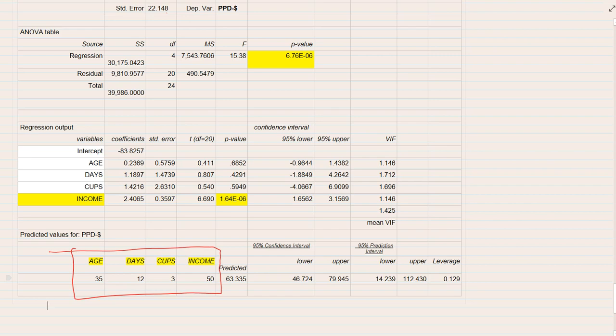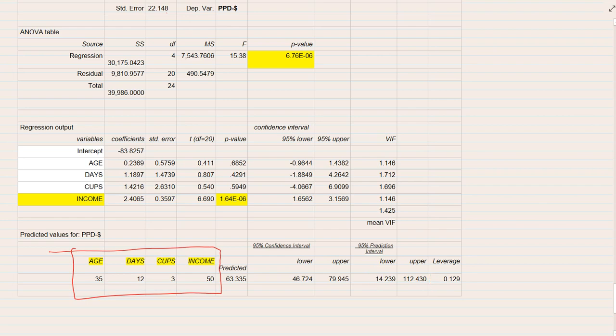I would expect that one person, not the average person with these characteristics. We could have thousands of people that fit this description. The $64 is the average purchase for those many individuals that fit the bill here. But the one person that walks into a Starbucks that fits these characteristics, you expect him or her to make a purchase anywhere between $14 and $112.